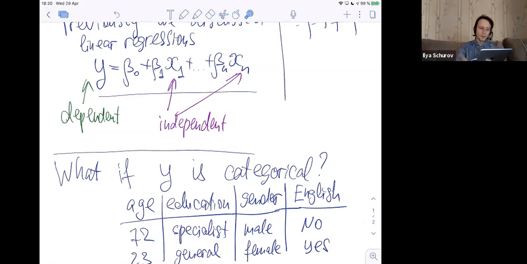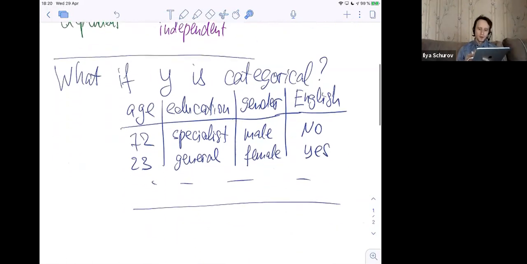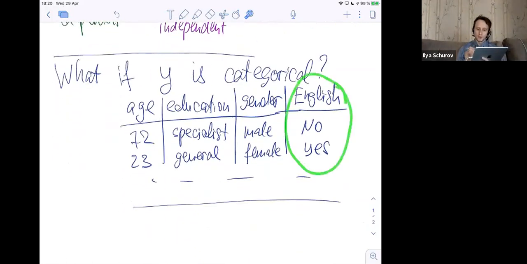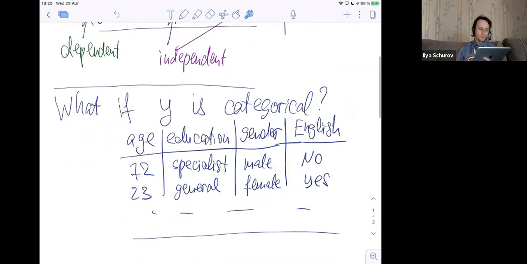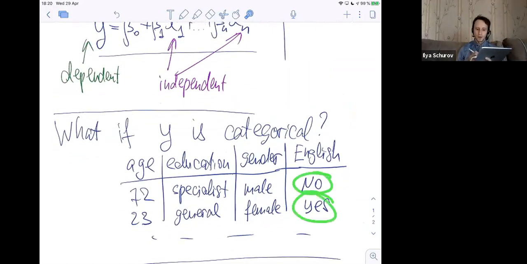No, 0, yes, 1. Yeah, that's a first correct idea. First of all, we can encode these values. If we have just a binary variable, then we can encode them as just 0 and 1. If we have a categorical variable with more than 2 levels, so not binary variable, but some more complicated thing, then well, it is a little bit complex case, and let us begin with binary outcome.